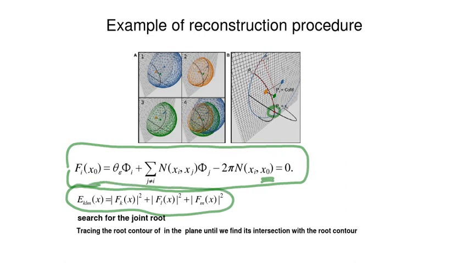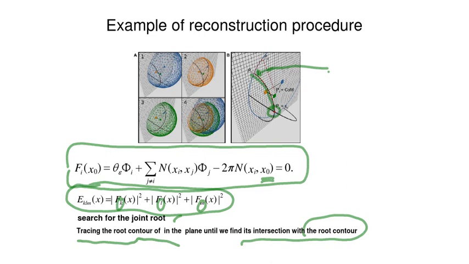When you choose K, L, and M, this is the label of the window. We search for the joint root of this. So basically we have to trace the root contour in the plane until we find the intersection with the other root contour. So this is what is explained here. That's how we find this contour until we look at the zero of the other one. And this is how we find the first zero, and by an iteration we find the third intersection, which is the position of the source.